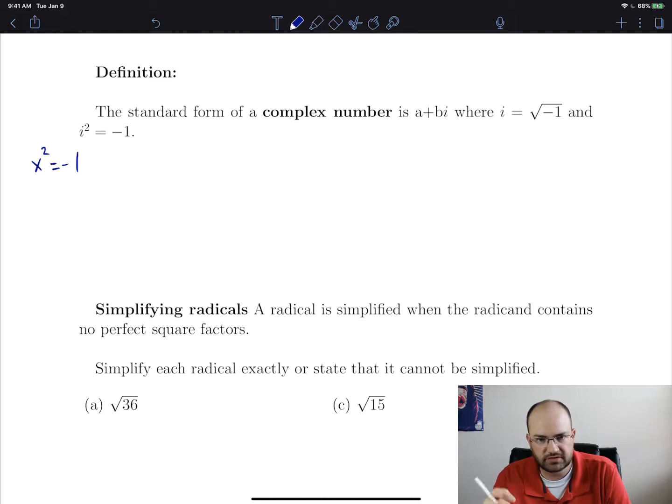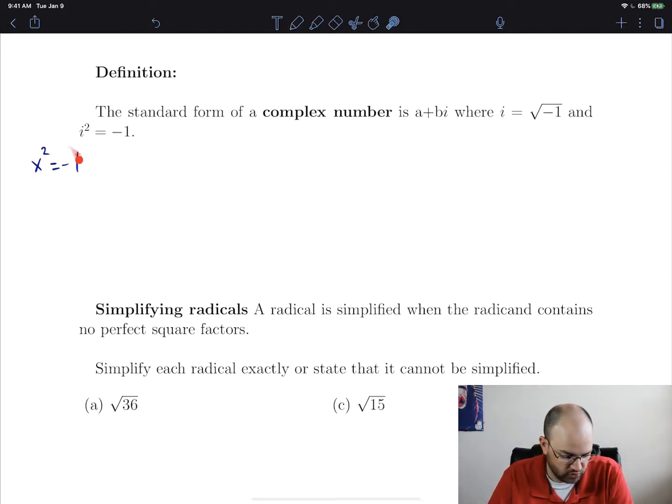Well, -1 squared is -1 times -1, which gives us +1. And unfortunately, that's not -1. And if we square 1, that also gives us +1. So when you square something, it's always positive in the real numbers, or at least non-negative. So the problem is that in the real numbers, there is no solution to this particular equation.